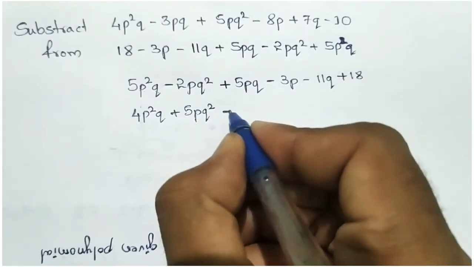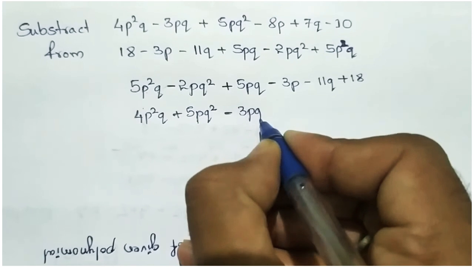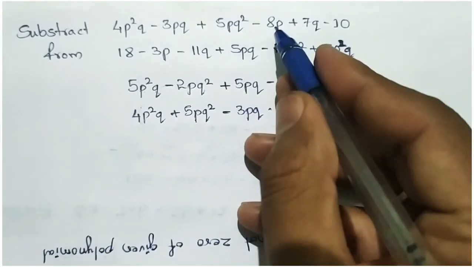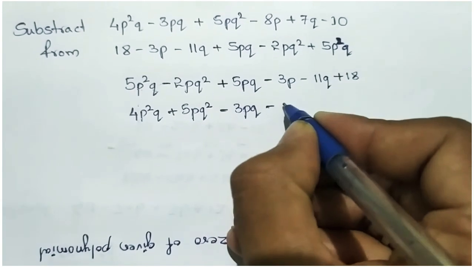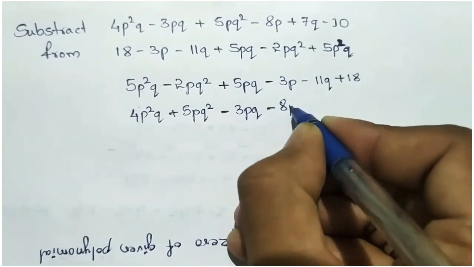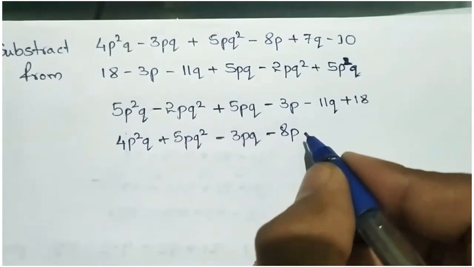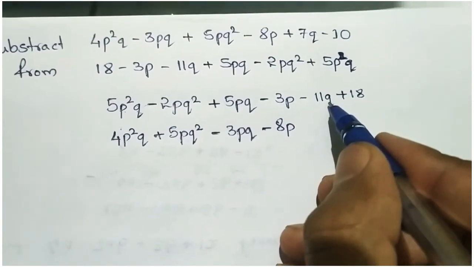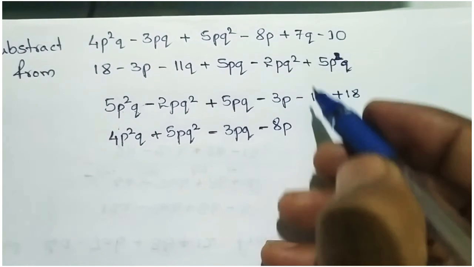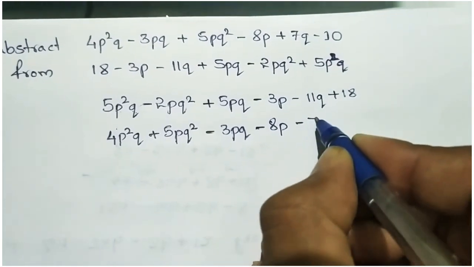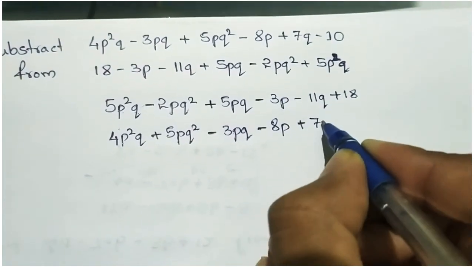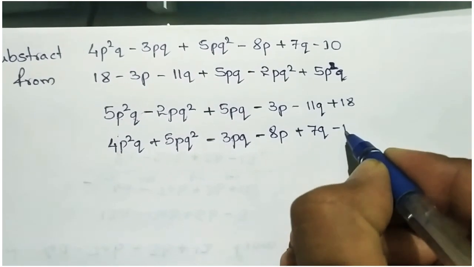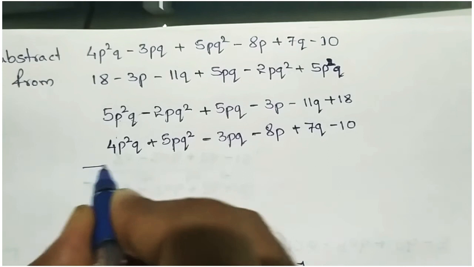Yes, minus 3pq is there. Next, is there 8p? Yes, the like term is 8p, which is minus 8p. Okay, next, minus 11q is there. Is there any q coefficient? Yes, it is plus 7q. Minus 10 is there, so write the 10 at last.